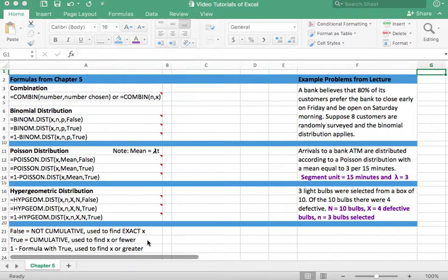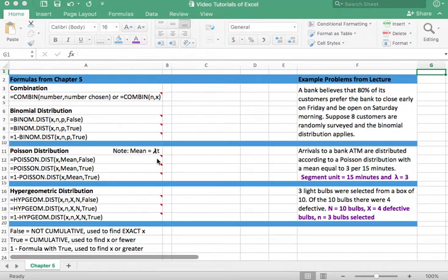You'll type in true when you are using cumulative, like we do in our textbook in the appendix, when we're looking for x or fewer. And if you want to find x or greater, you'll type in a formula where it's 1 minus the formula that uses true. In other words, you're finding the complement of the true cumulative formula, the second one.